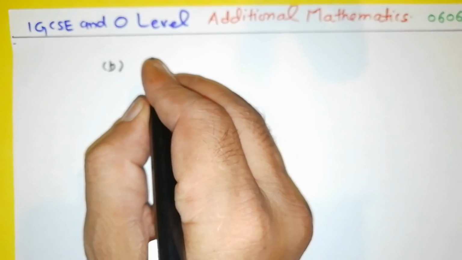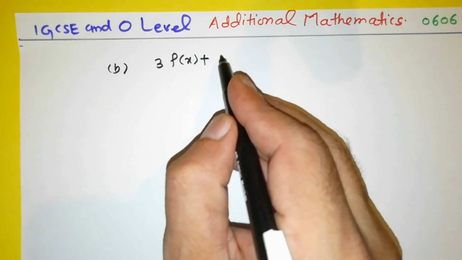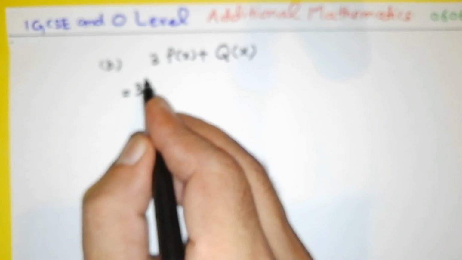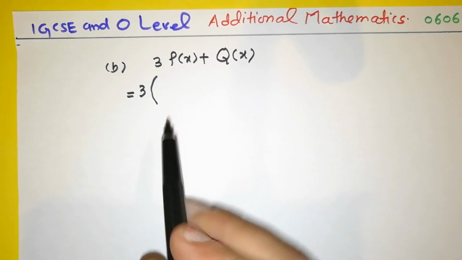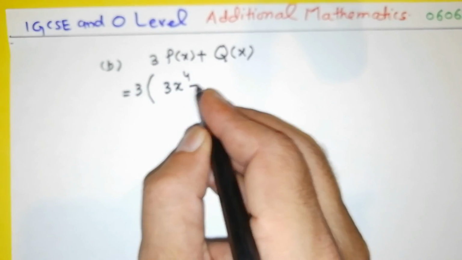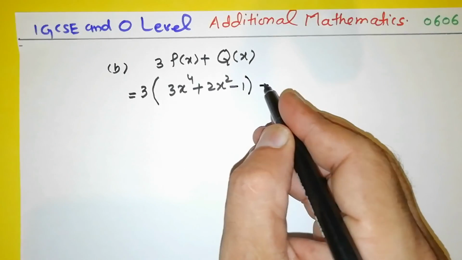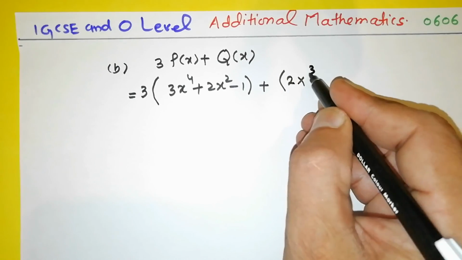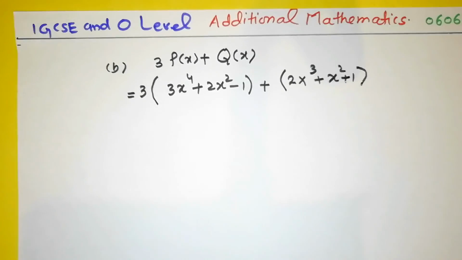This is 3 times p(x) plus q(x), which means 3 is multiplied by this polynomial p(x), and this polynomial we have 3x^4 plus 2x^2 minus 1, plus q(x), which is 2x^3 plus x^2 plus 1.